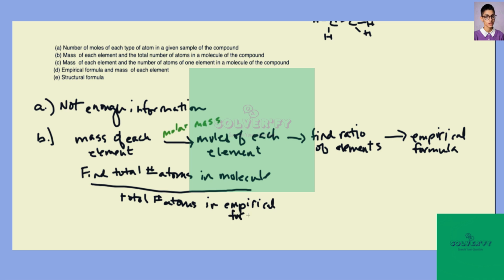This gives us the multiplier. And then you can find the molecular formula.